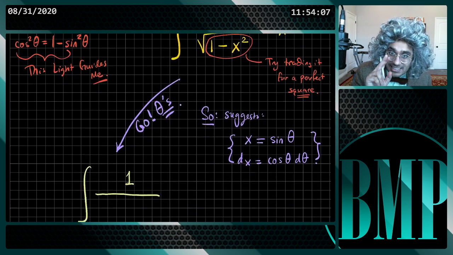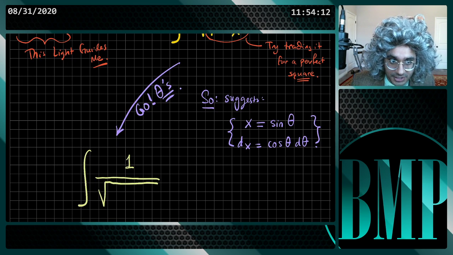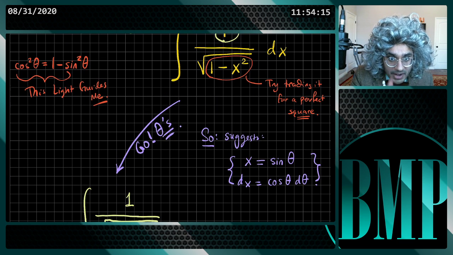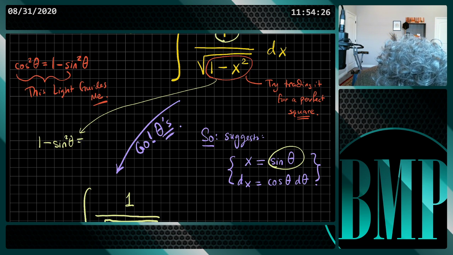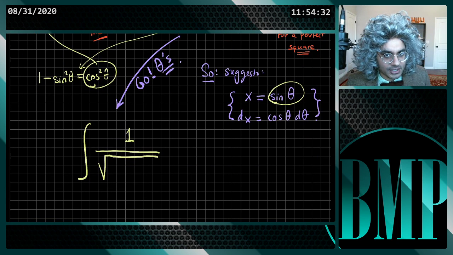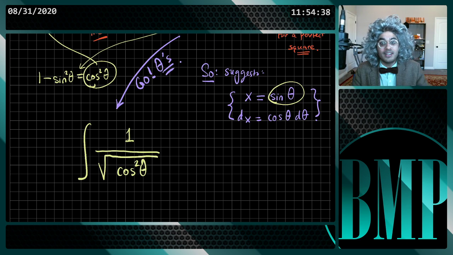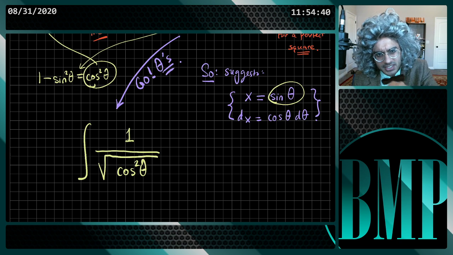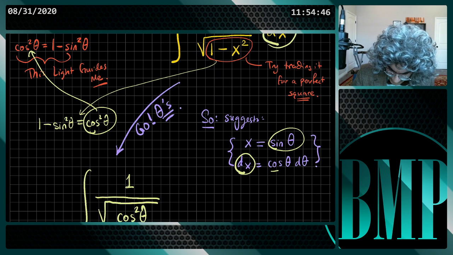Square root. Very ugly. This is a disaster. However, 1 minus x squared is 1 minus sine squared. That's cosine squared. So don't put 1 minus sine squared in there, that's still ugly. Put cosine squared. You've got a square in a square root. Great. But then there's this dx part too, right? So dx is cosine theta d theta.